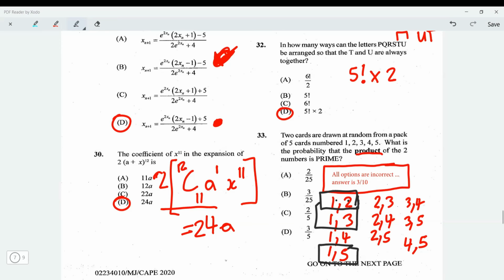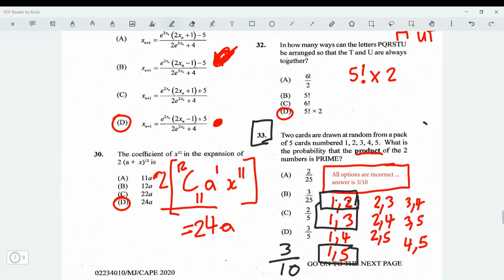That gives you prime. So that's 1, 2, 3. There are 3 possibilities out of the total possibilities, 1, 2, 3, 4, 5, 6, 7, 8, 9, 10. It's 3 out of 10. 3 out of 10 is not there. So this question has an error in it. All right, so that's that.